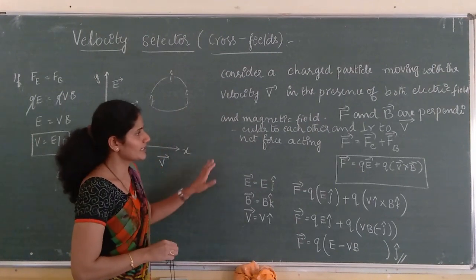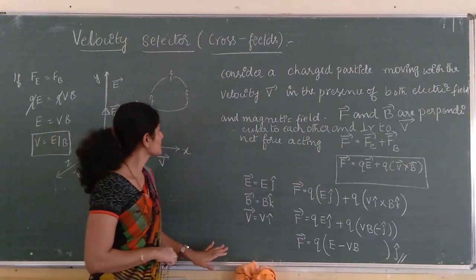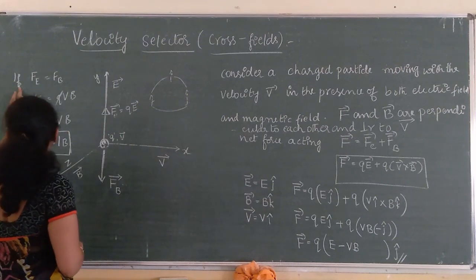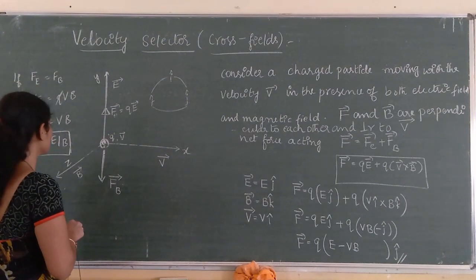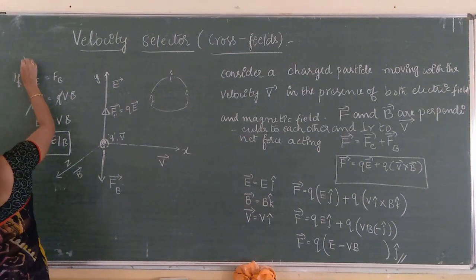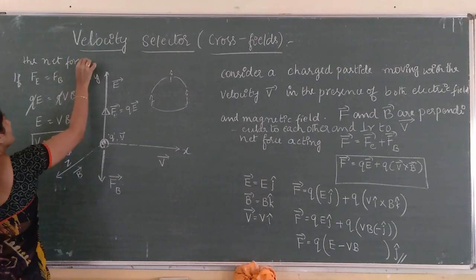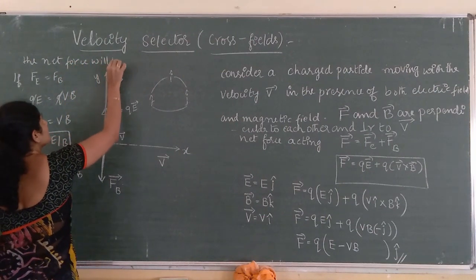Okay. The net force acting is this much. If Fe is equal to Fb, the net force will be 0.